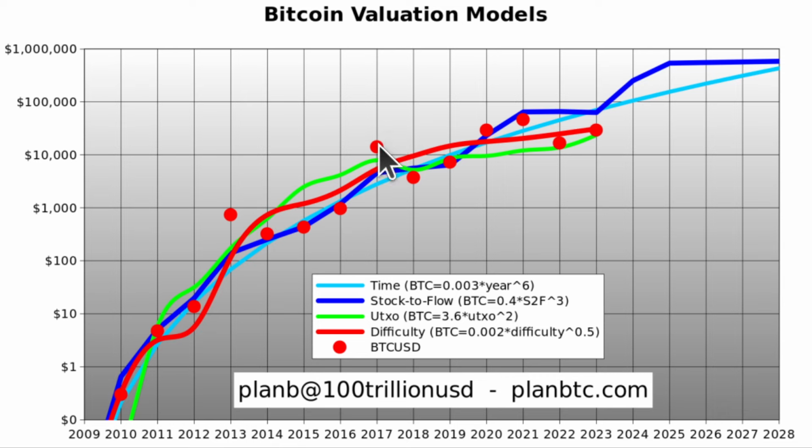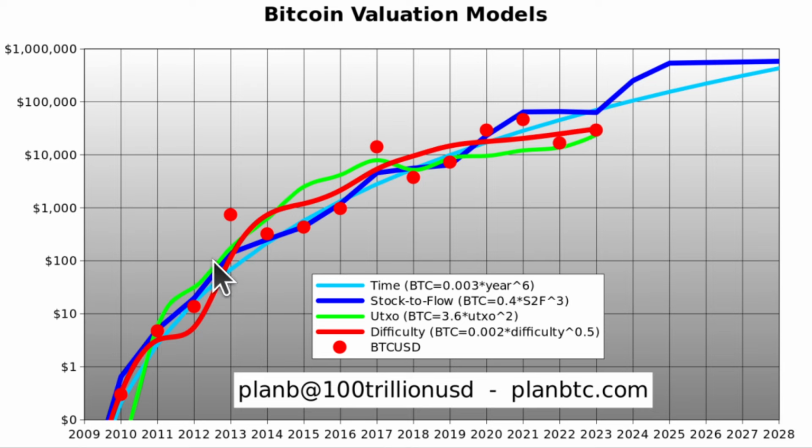Like, where is this based on? Obviously not a factor in one of these models, not on time or stock to flow or UTXO or difficulty. Probably based on psychology, FOMO. So that's dangerous, and so that's one way you could look at it.